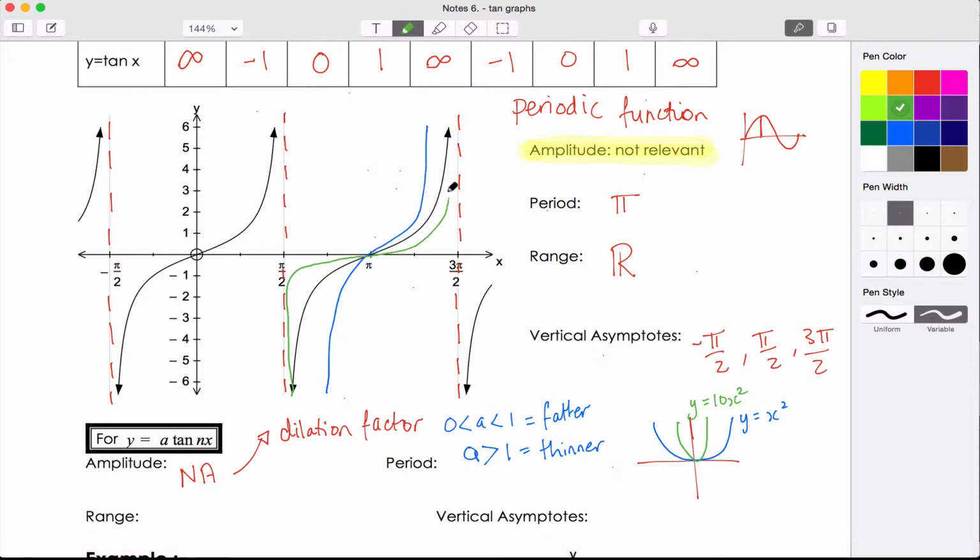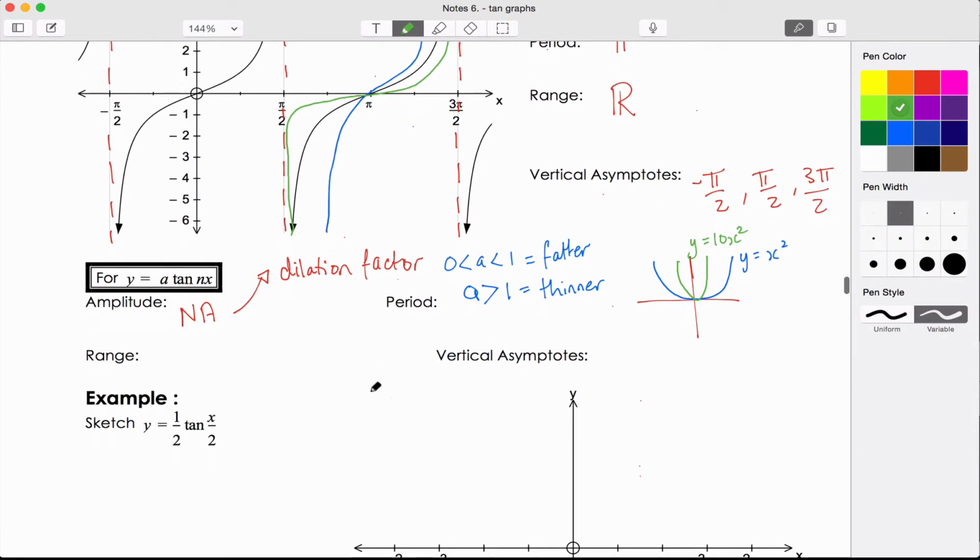They'll still have the same x-intercept here. The range for our y equals a tan nx is just the real numbers.